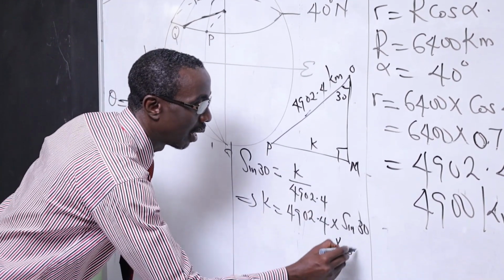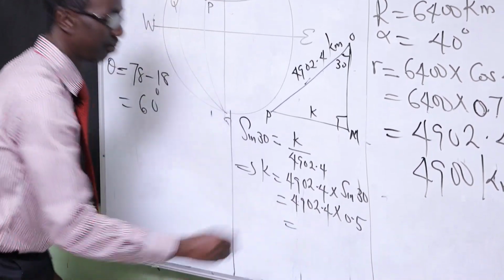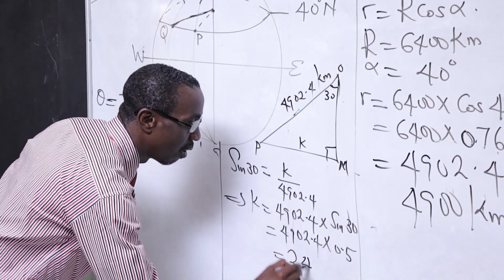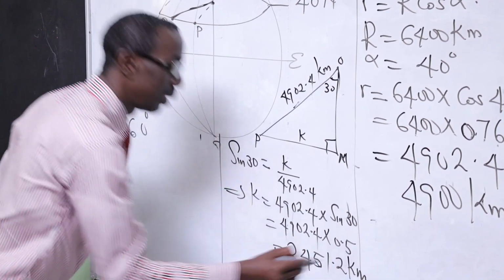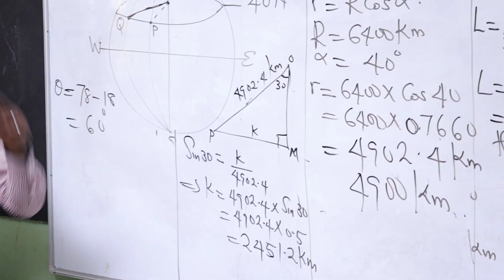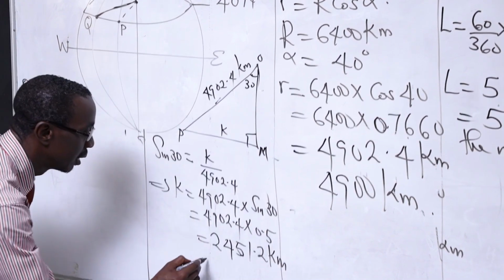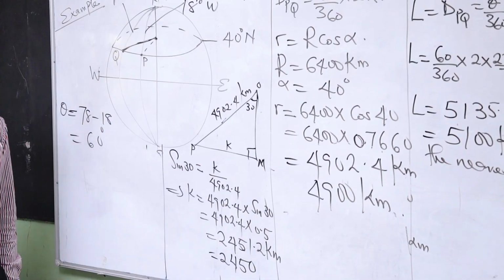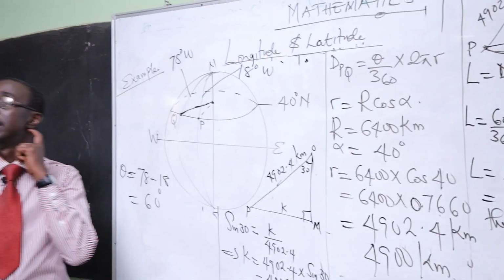Sine 30 is 0.5, so finally 2,451 kilometers. To the nearest 10, it will be 2450 kilometers.